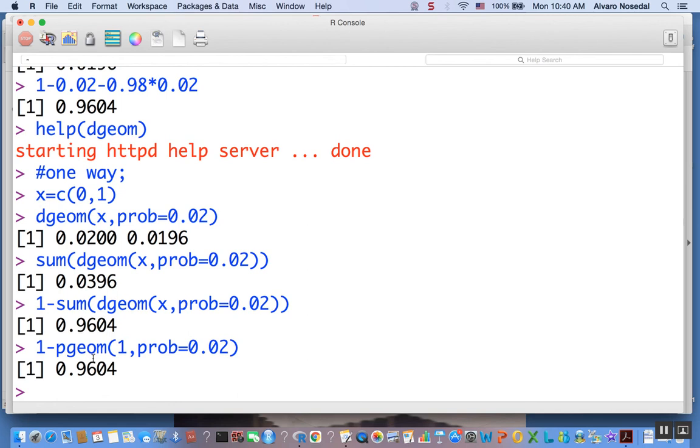We were careful, and we ended up with the same probability. Just keep in mind that R thinks about geometric random variables differently.